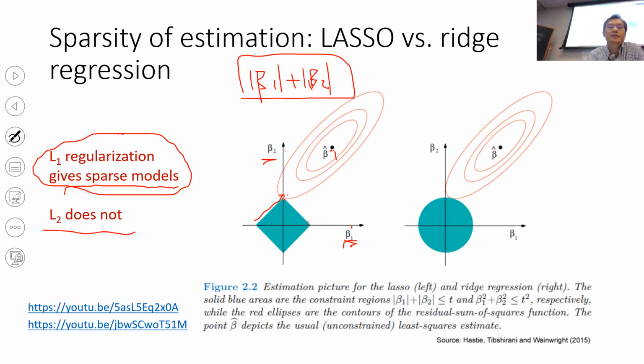In that case, at the touching point of your solution, you have a lot of solutions for combinations of beta 1 and beta 2, but this particular position here makes beta 1 zero, and you only have a beta 2 value.